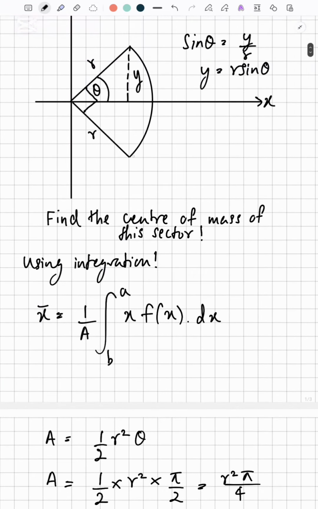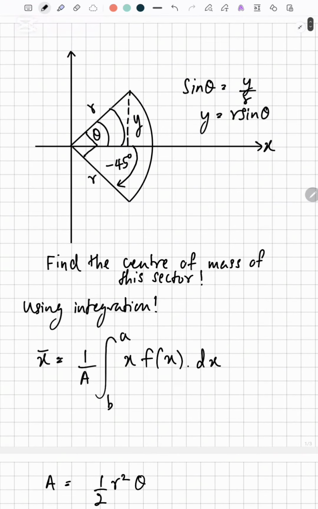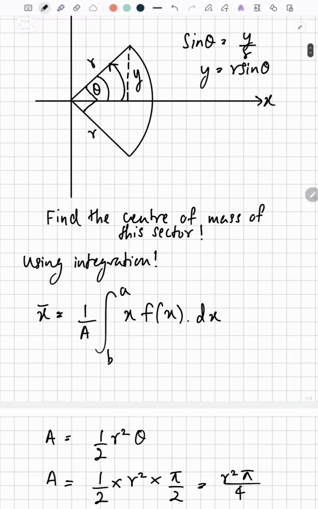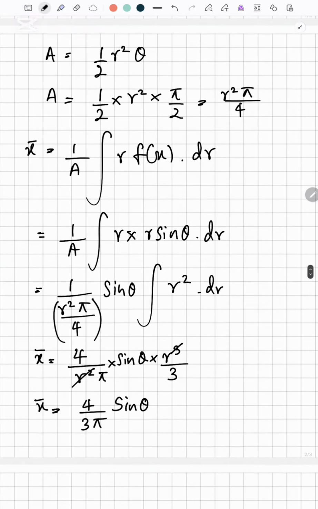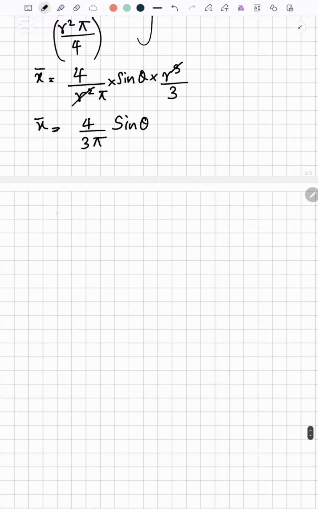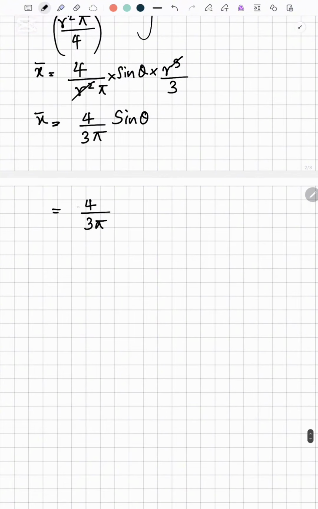Below the x-axis, when you go clockwise, this is negative 45, and this way, it's positive 45, right? According to the Cartesian plane, when you go anti-clockwise, it's positive, and when you go clockwise, it's negative. So we're going to substitute the range: 4 over 3 pi into sine theta, from negative pi over 4 to pi over 4.